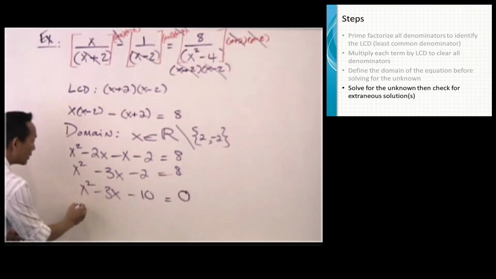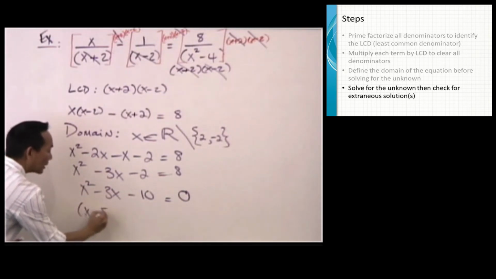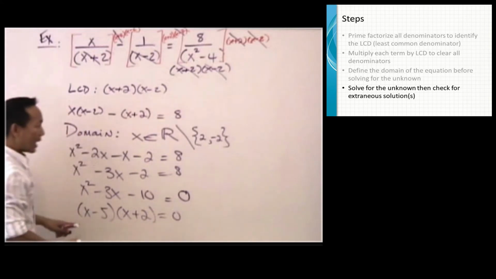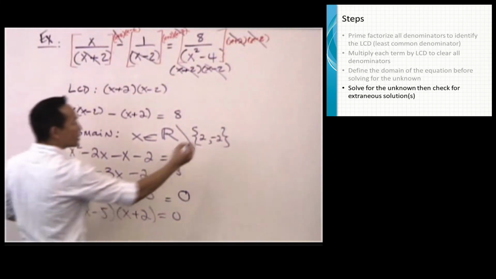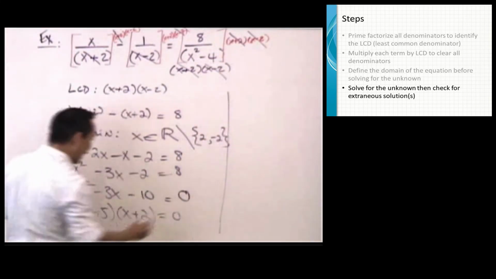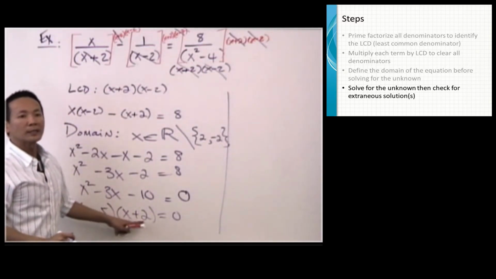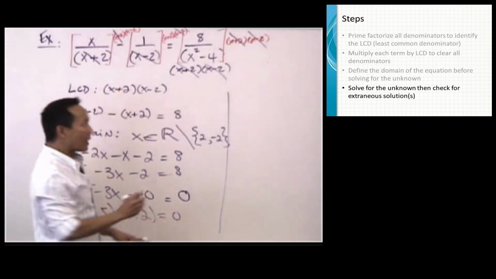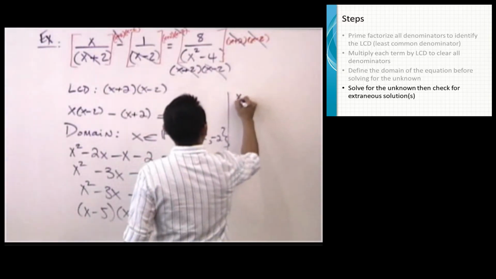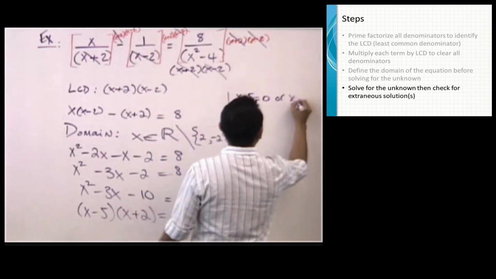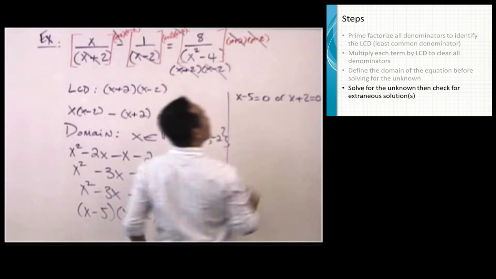I factor, I have x minus 5, x plus 2 equals 0, and then we continue to solve. We say that this quantity times this quantity equals 0, then either x minus 5 equals 0 or x plus 2 equals 0.